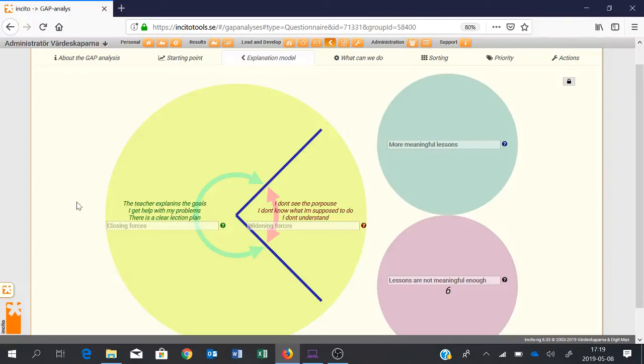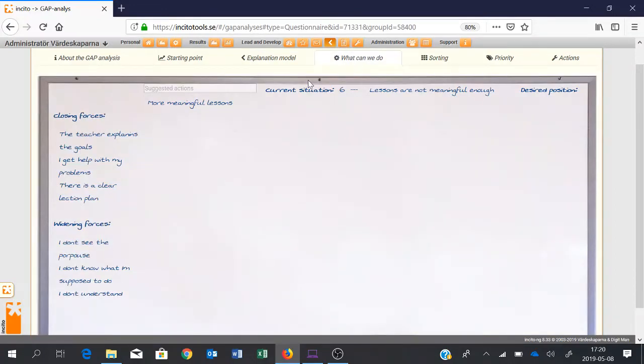And this is the actual analysis. So here we have the group's understanding of the problem. The lessons are not meaningful enough, and we want them to be more meaningful. And the problems we identify are these, and the strength, the reason why it is, after all, as good as it is, are these.